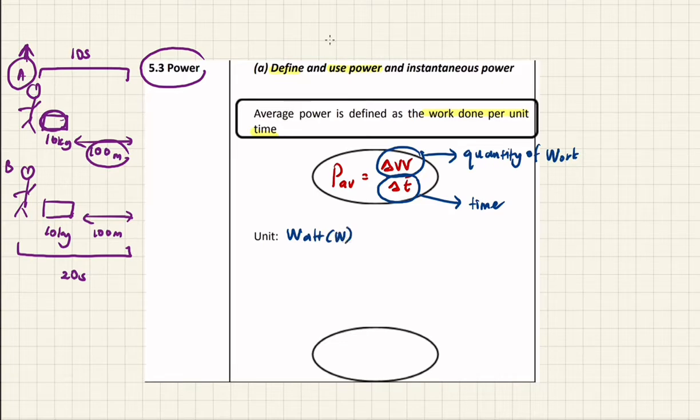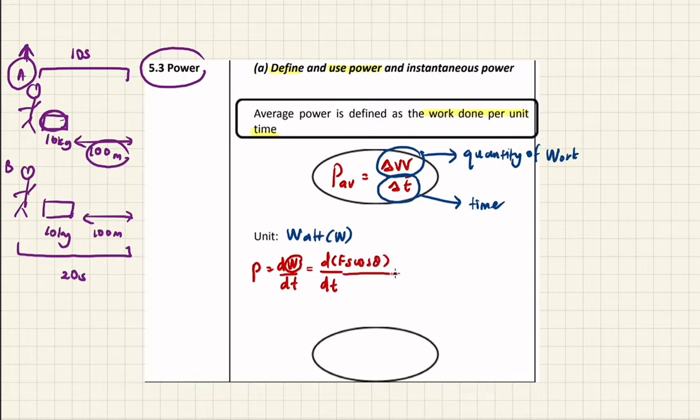That's the first equation for power, and we have another equation. We know power is the rate of change of work per unit time. So we have d over dt, and we replace work with its formula, which is Fs cos theta.